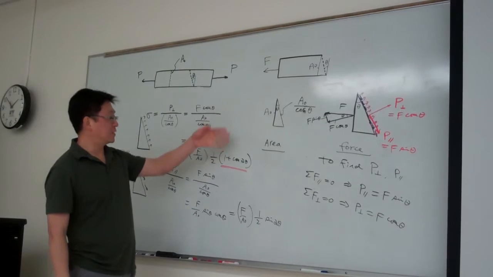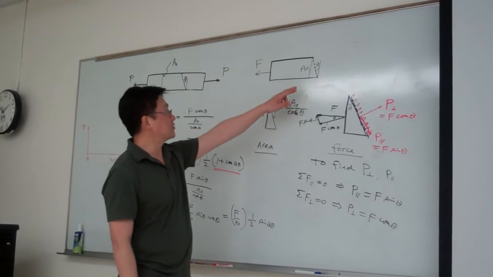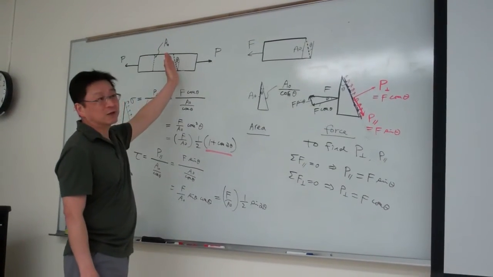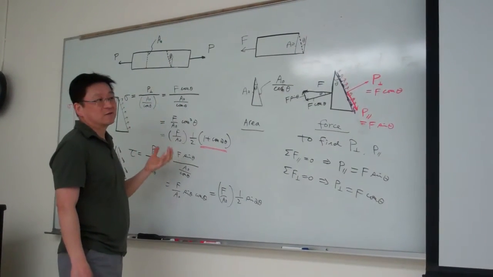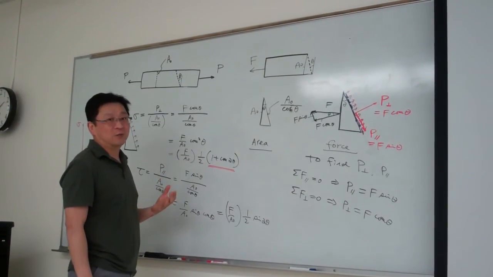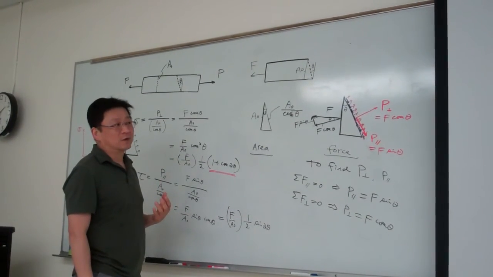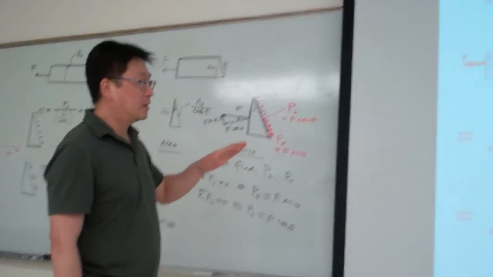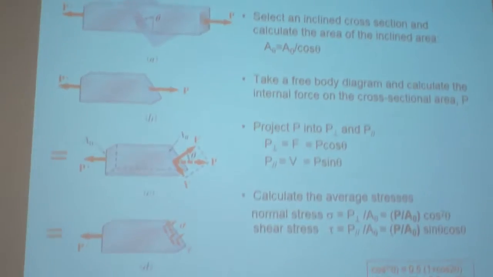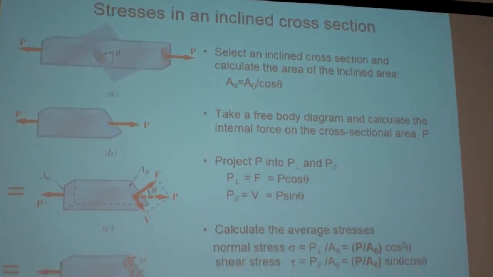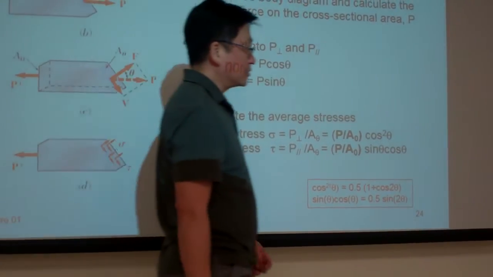So from here, this kind of result can give us a parametric study about which orientation gives what kind of stress, and how big each stress component would be. Okay, so this section is pretty much general, and if you wish, you can plug in the numbers and just give it a try. That is the purpose of this section.